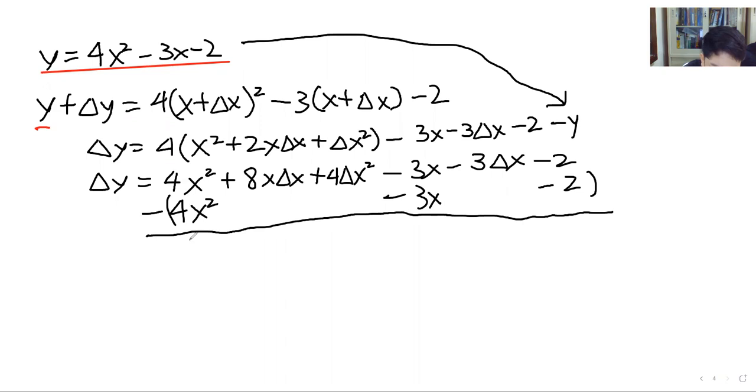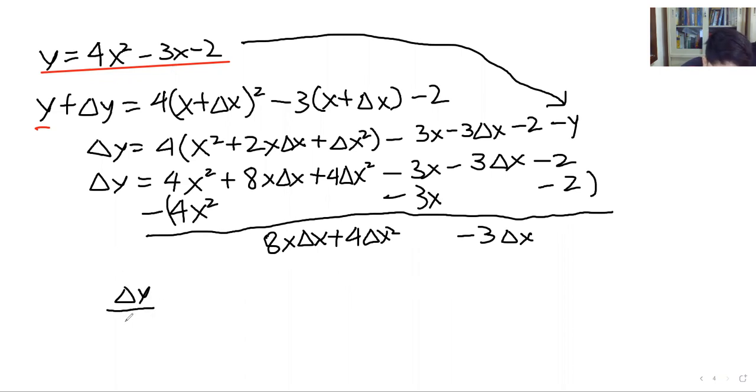So 4x minus 4x equals 0. And then it becomes 8x delta x, 4 delta x squared, 0 minus 3 delta x, and then 0 again. So this is it. Again, you can see that there's still a delta x in all of them, a common factor.